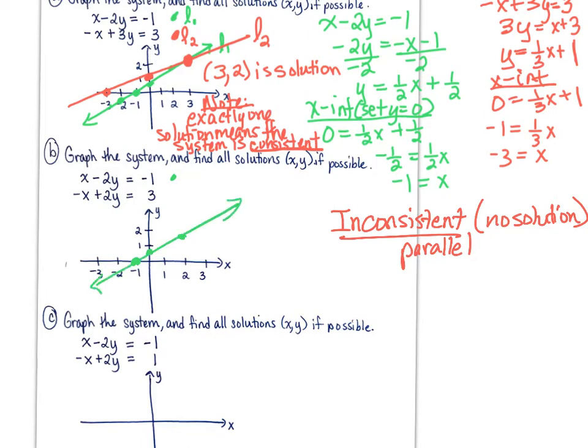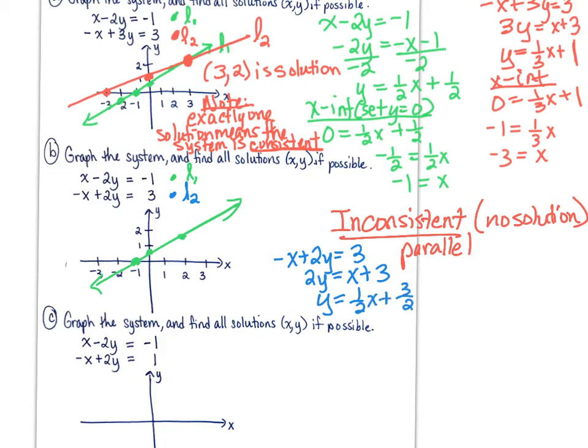Okay? And then for the second one, for L2, you had -x plus 2y is equal to 3, or you have 2y is equal to x plus 3, or y is equal to 1/2 x plus 3/2.